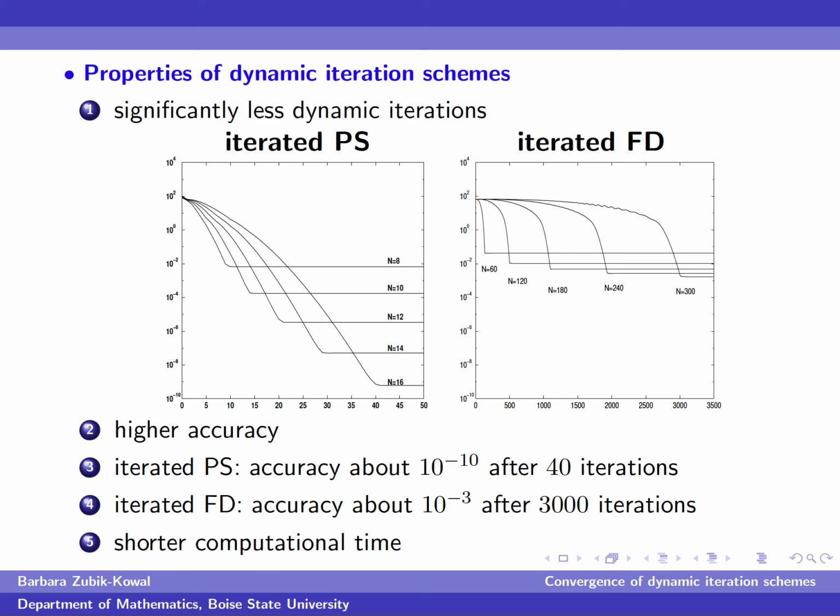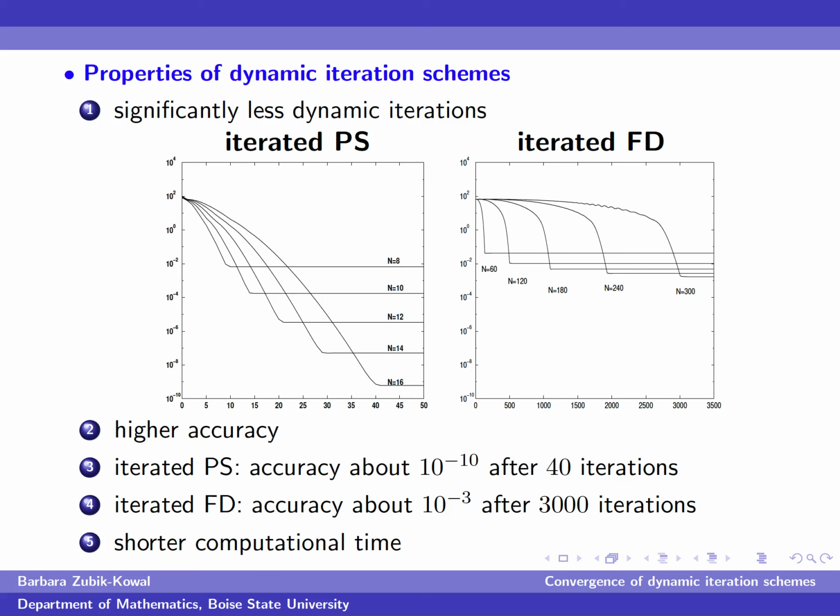And these two figures present the errors of the dynamic iterations as functions of iteration index. So the horizontal axes are for the numbers of iterations, while the vertical axes are for the errors.